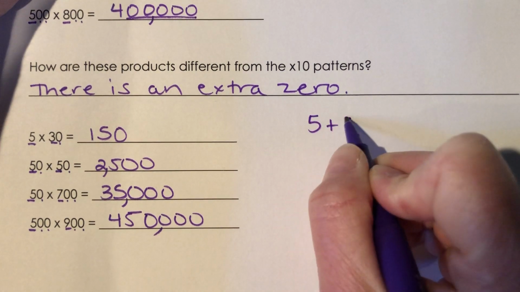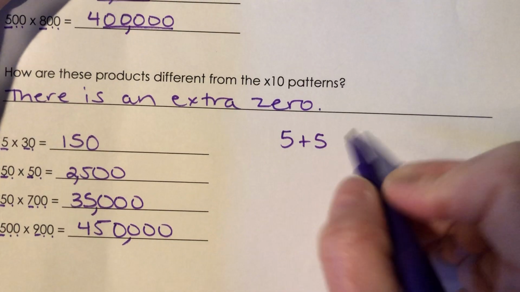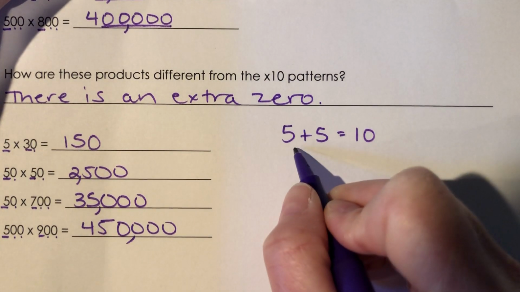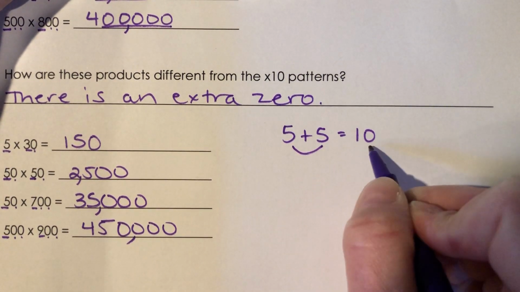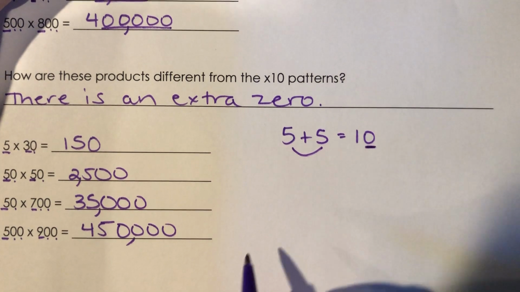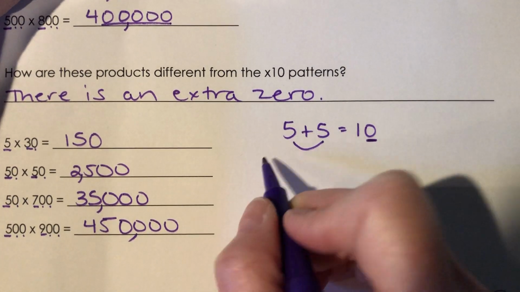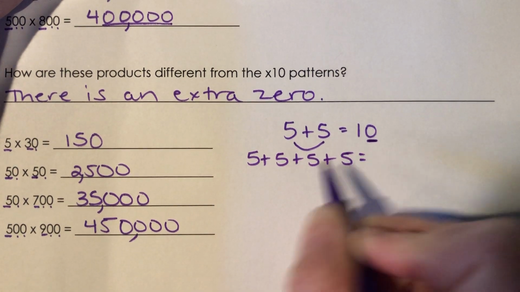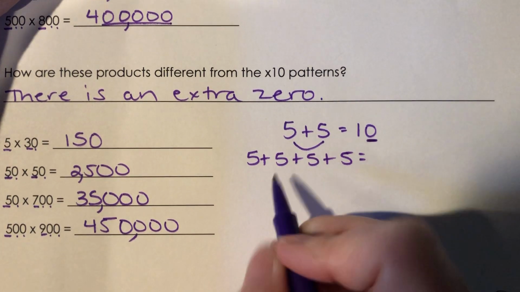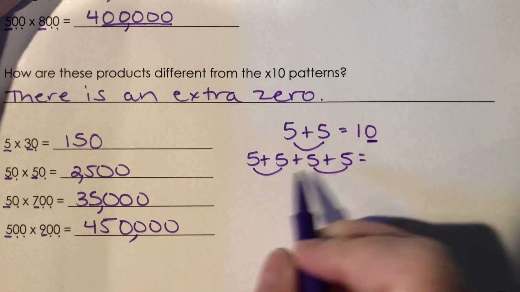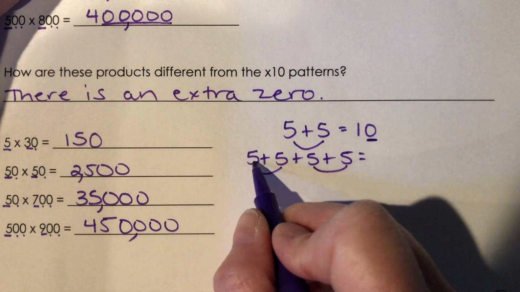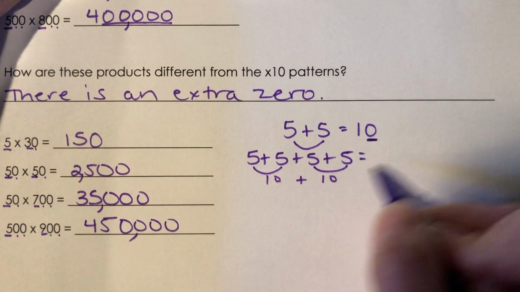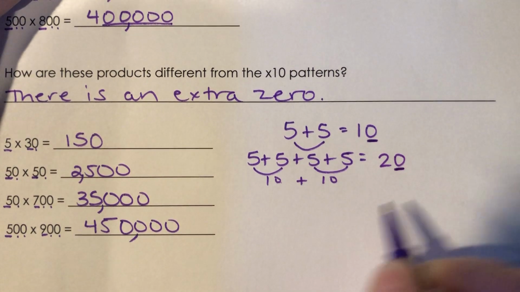Well, 5 plus 5, we get 10, right? So for every pair of 5s you see, we're going to get an answer that ends in a 0. If I had 4 5s, I would have 5 plus 5 plus 5 plus 5. This is an even number of 5s because I can pair them together, right? Evens mean it has a partner. There's no one left out. 5 plus 5 is 10. 5 plus 5 is 10. 10 plus 10 is 20. That ends in a 0.